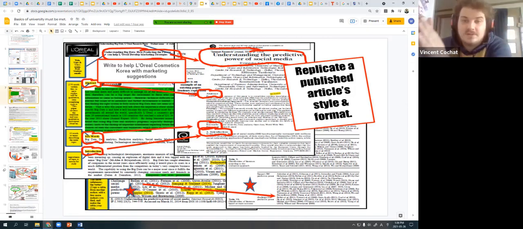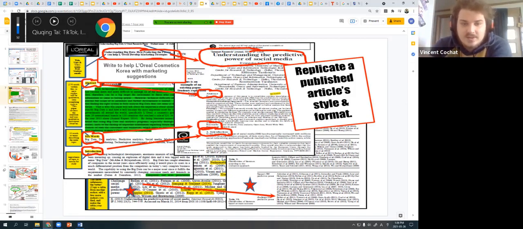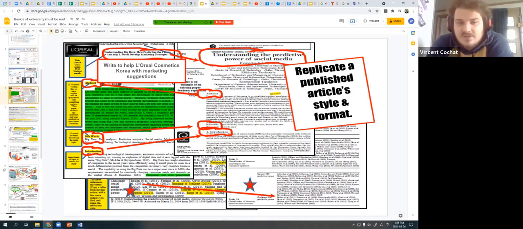So here it's like some Scopus article, and we need to use the same style and format for our own paper to be published, with an abstract, a bit like a specialist with a lot of information inside.